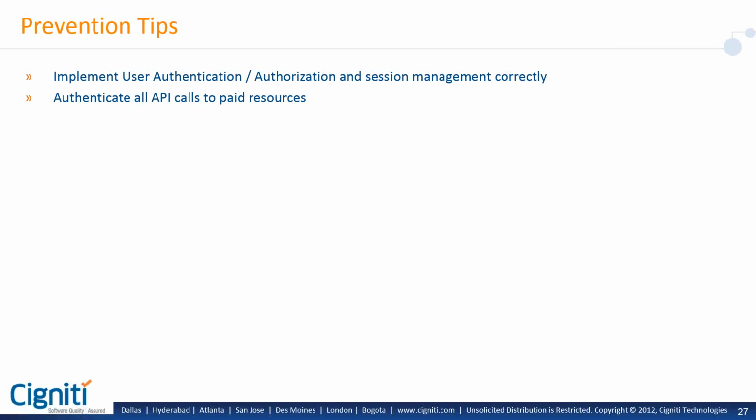Moving to the prevention tips, specifically implement user authentication, authorization, and session management correctly, and authenticate all API calls to paid resources. Paid resources are any resource you are paying for, such as an application accessing your Skype phone or something you use as a paid application.